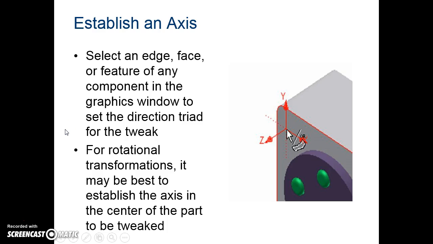Select tweak components, so whatever you want to tweak or move out, you'll select. Select an edge or feature of the component in the graphics window to set the direction tie rod for a tweak. For rotational transformations, it may be best to establish the axes in the center of the part to be tweaked.